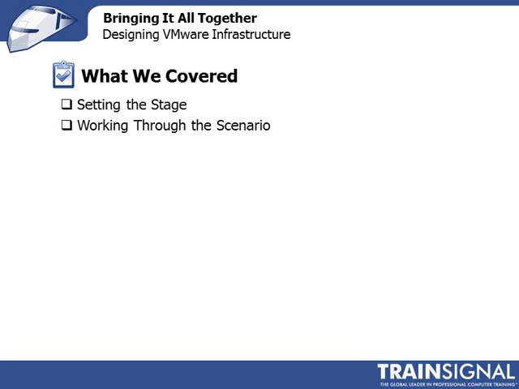I hope, though, that what I've been able to share with you during this fictional design scenario has really helped to reinforce all the concepts, the terminology, the ideas, the techniques, the tools, and the procedures that I've described and covered to you throughout this course. So what we covered in this lesson is, first, we set the stage for the fictional design scenario by talking about what we were going to do and the information that was provided to us.